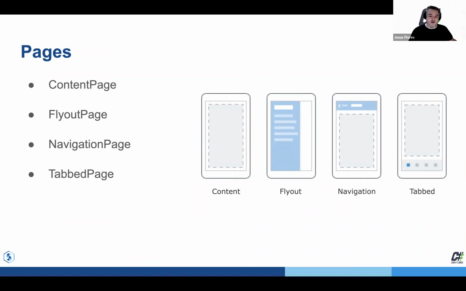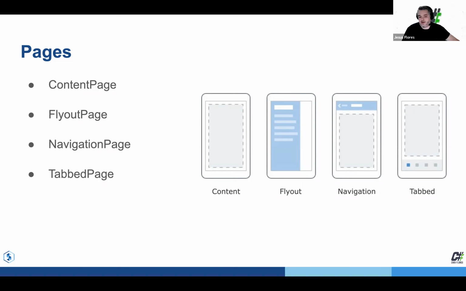Or if you click on a button, you will have navigation pages with the go back button on the top, or the tabbed page that will have some tabs on the footer or on the header. So this is already provided, so you can structure your application in a more efficient way.